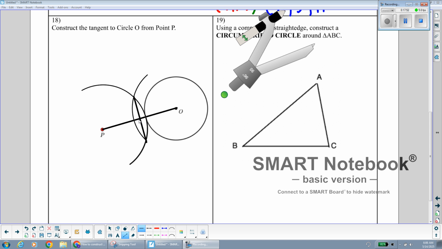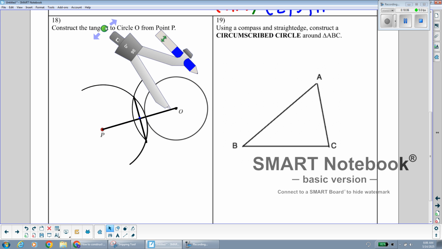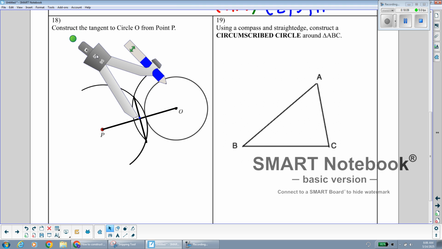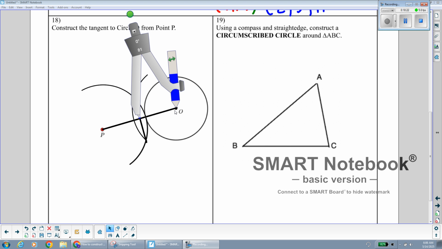Now the point where my bisector intersects the line segment is where I'm going to put my compass. And I'm just going to open up to where the center is.